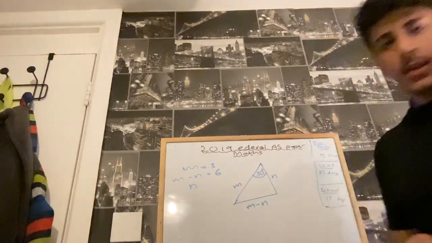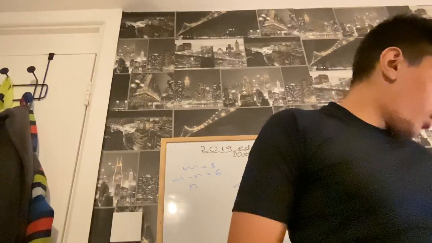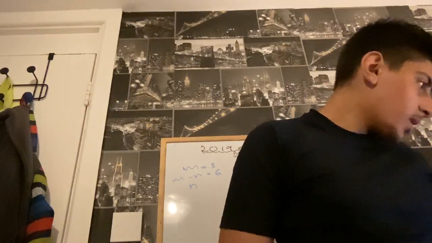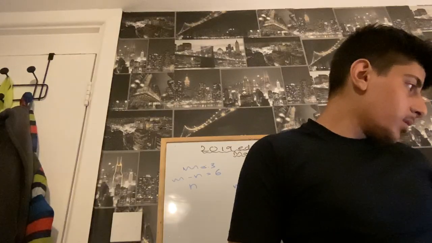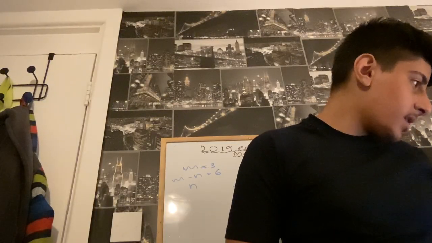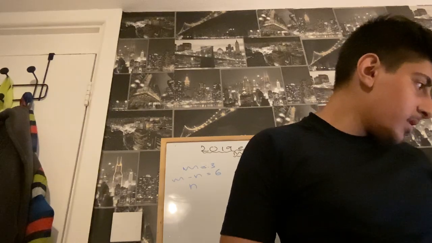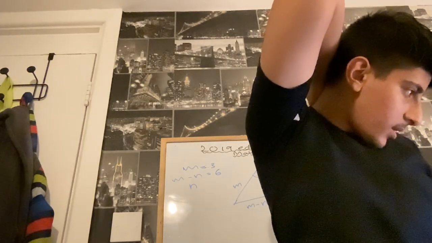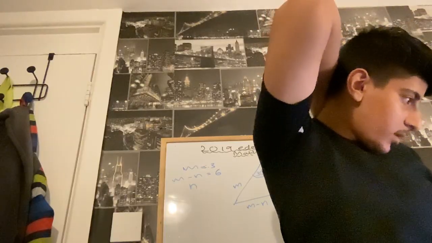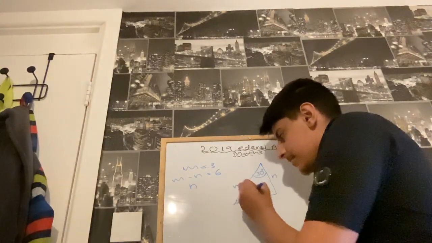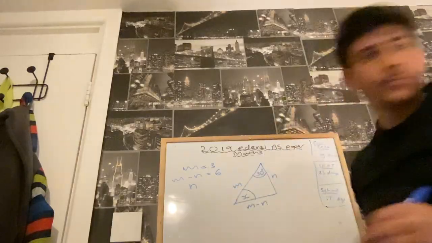Next, to find the angle between vector m and vector m minus n, we would find out what this is. So this is basically asking what this is. Call that x.